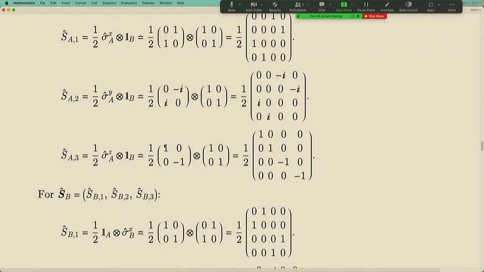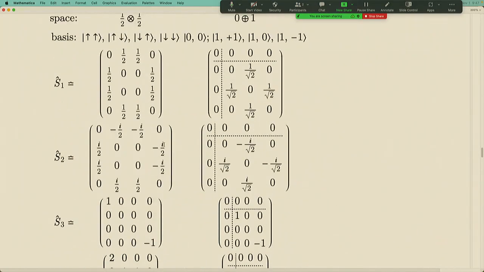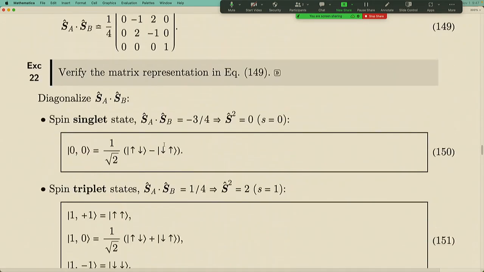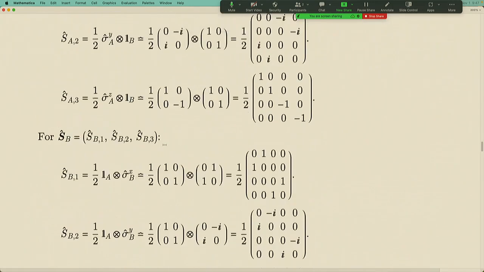And then you can see that this is the result. I just have an overall 1/2 factor, but other than that factor, if I factor out, it's 1, 1 in the first line, and then 1 here in the second line, 1, 1, second line, 1, 1. Okay? So you just need to follow all the definitions, tensor product the Pauli matrices together, and then sum them as you need to sum them, and then everything will go through.